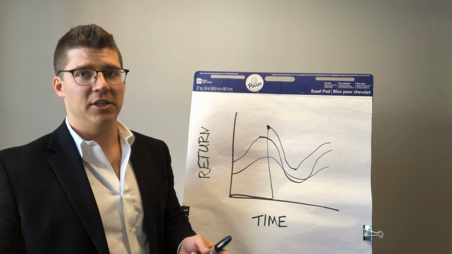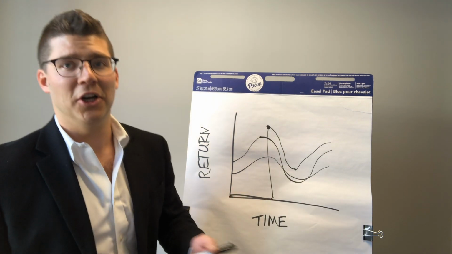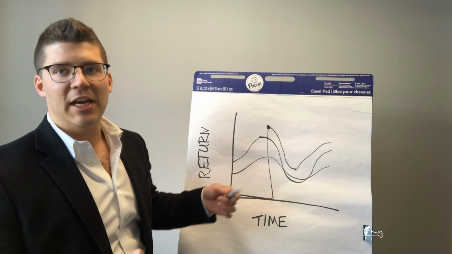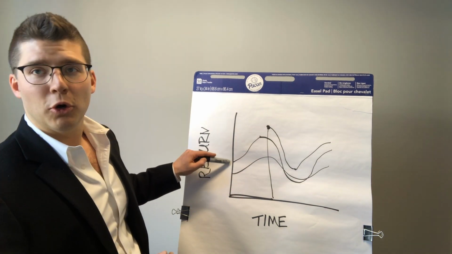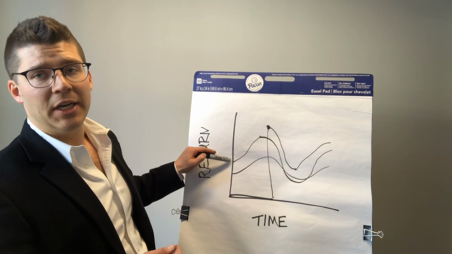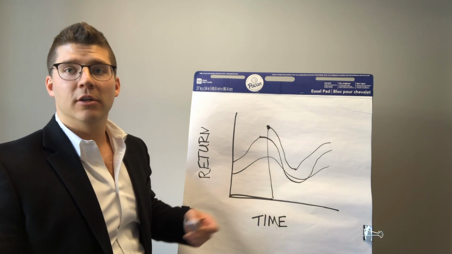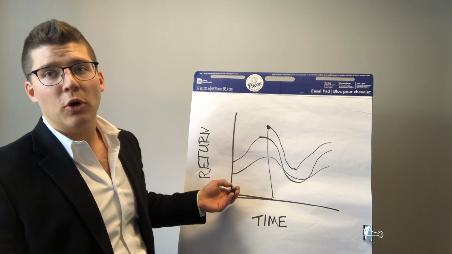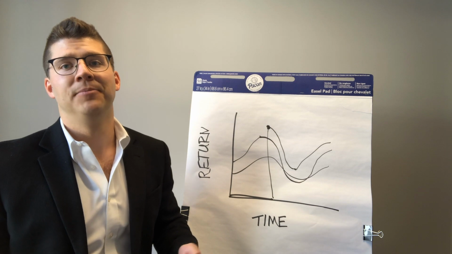And it makes sense, because it's the riskiest investment: high risk, high reward. Your core plus investment, this middle one, is going to have a medium return profile. And then over time, your core investment will have the lowest return profile.